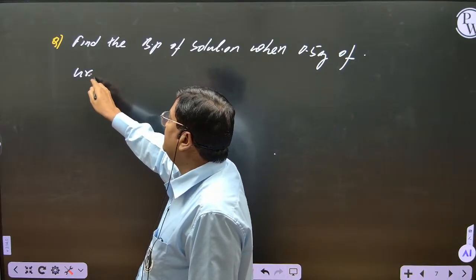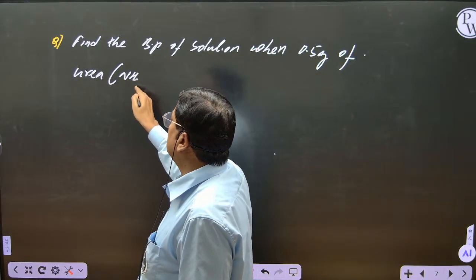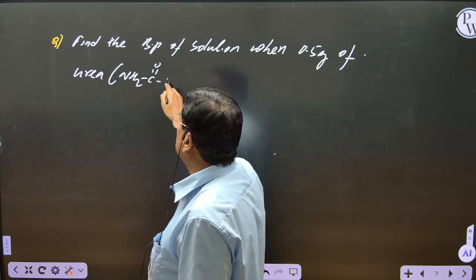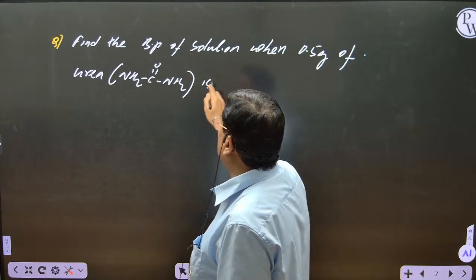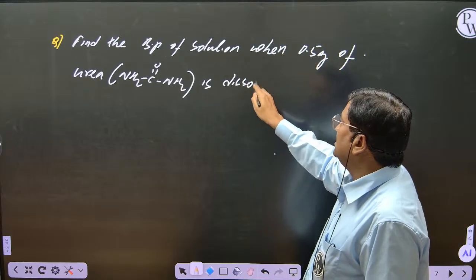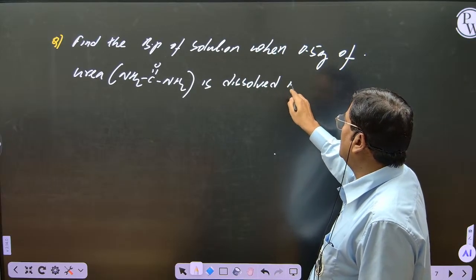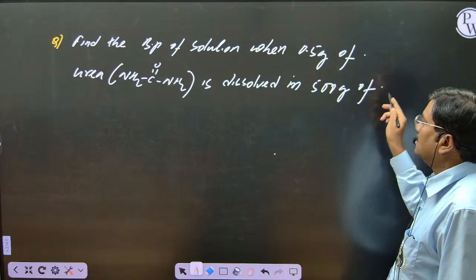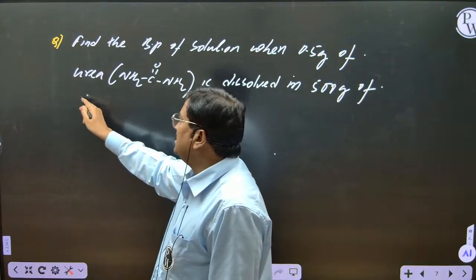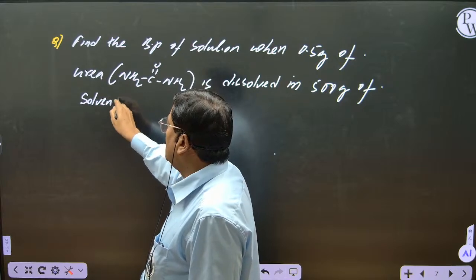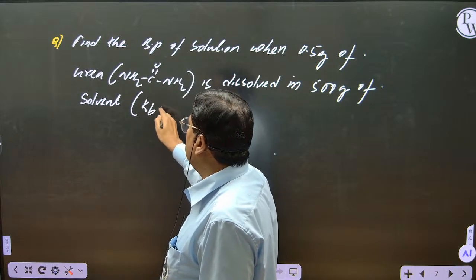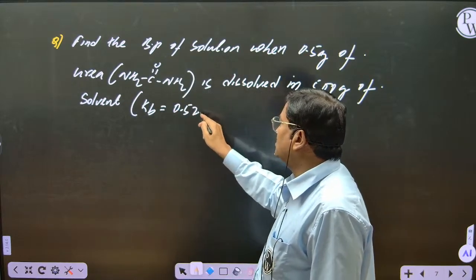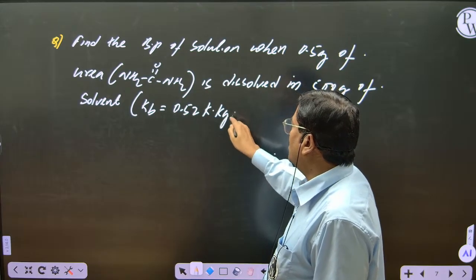What is the formula of urea, students? NH2CONH2. Here the solvent is water, and I am giving the Kb value. The Kb value is 0.52 Kelvin kg per mole.